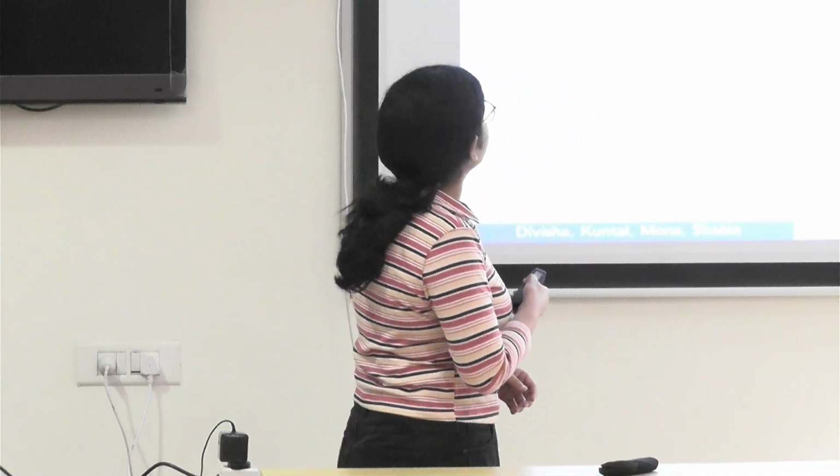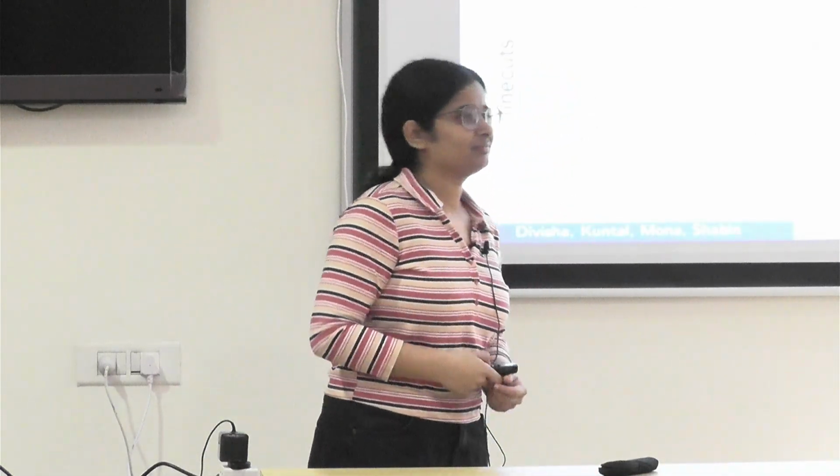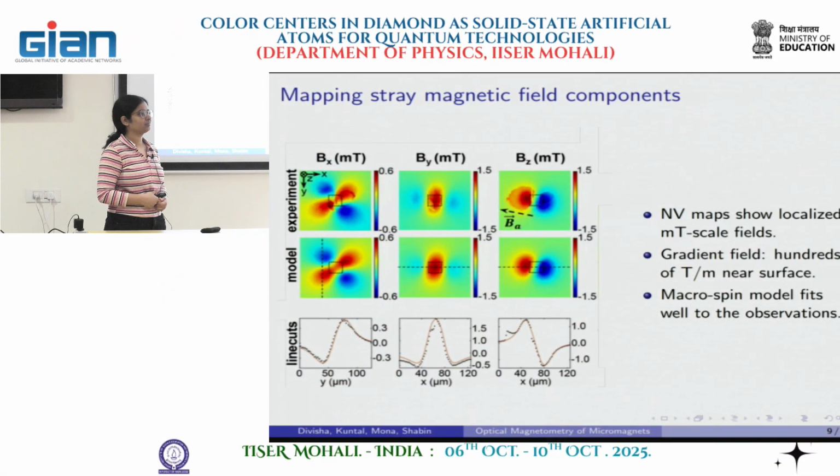Can I ask one question? If I come back to the image of the magnetic field, this one, yes. What would be the magnetic field resolution? It can actually be very good. What sets the limit of that?